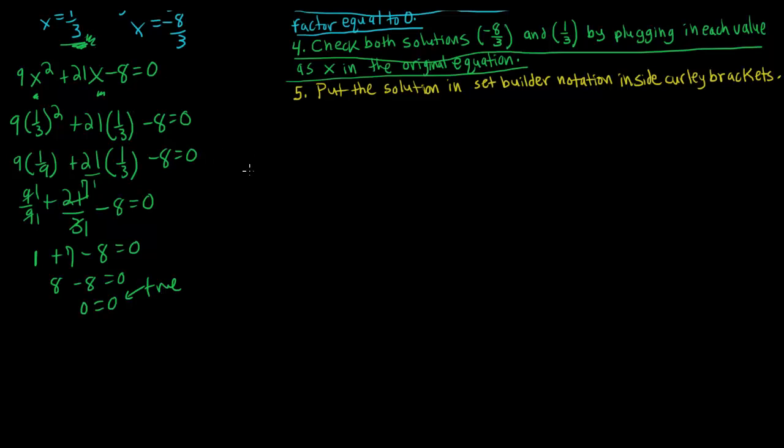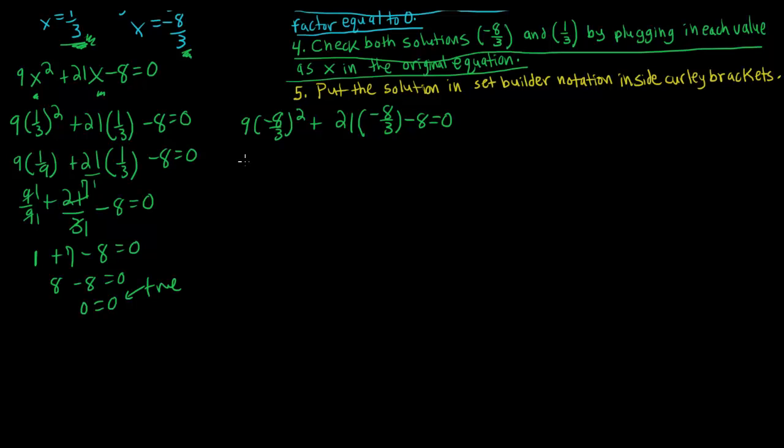Now we can go ahead and plug in our negative 8/3 into our original equation. So it will be 9 times negative 8/3 squared plus 21 times negative 8/3 minus 8 equals 0.